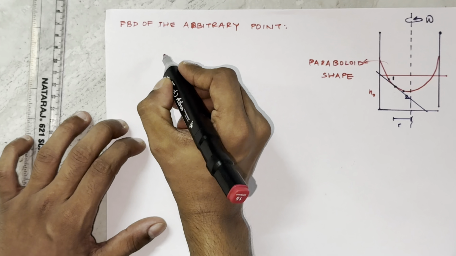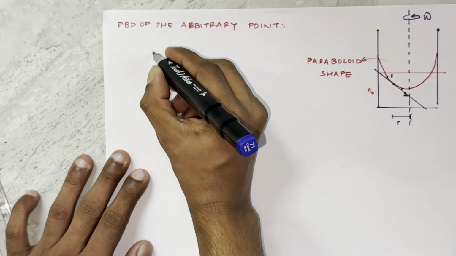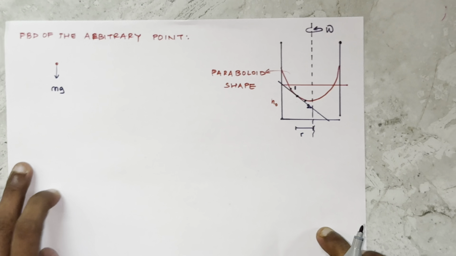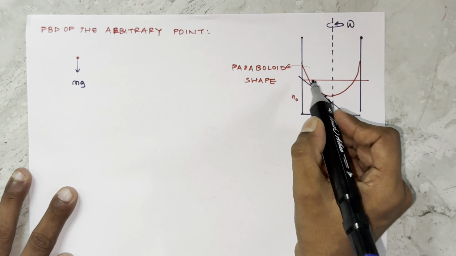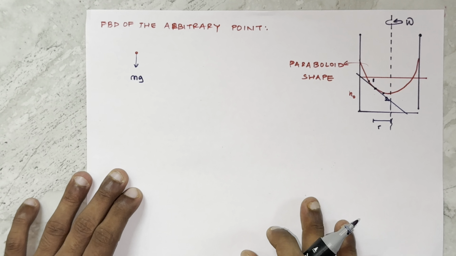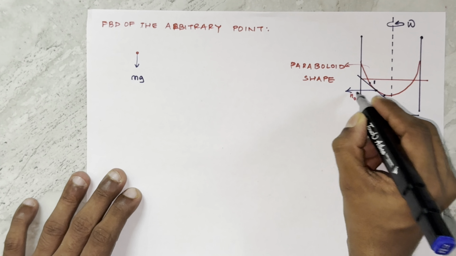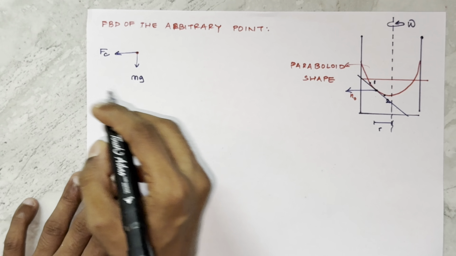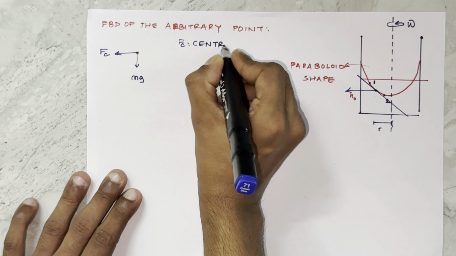Suppose this is a point, and mg will be acting downward, the weight force. Since this container is rotating, the rotation effect will be propagating through every point on the surface of the parabola. So we will be solving this problem by applying pseudo force. This point will be experiencing pseudo force in the direction of the centrifugal force.